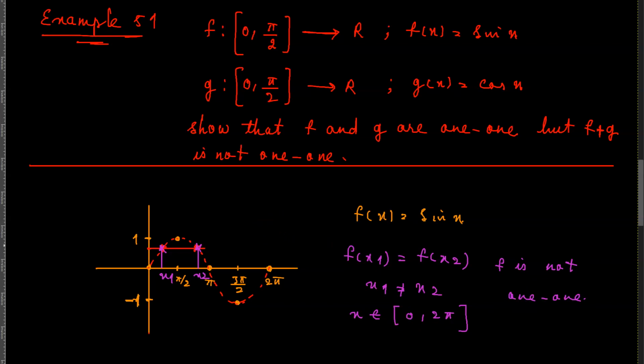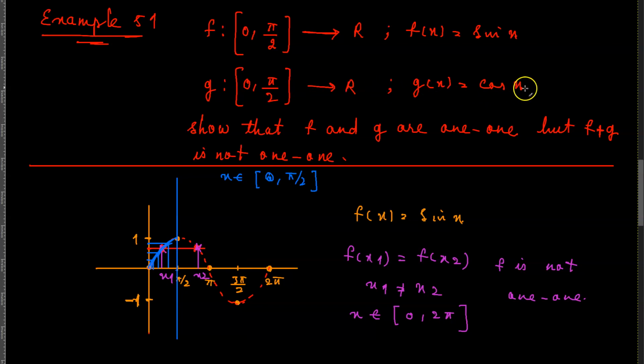Now, on the other hand, if I limit myself to 0 to pi by 2, if x belongs to 0 to pi by 2, then you can see that the function is 1, 1 over here. You can see that this output is mapped to this input, this output is mapped to this input, this output is mapped to this input, and this kind of situation never happens between 0 to pi by 2.